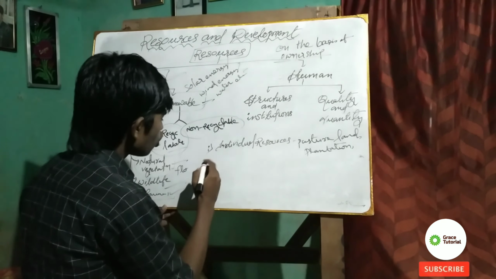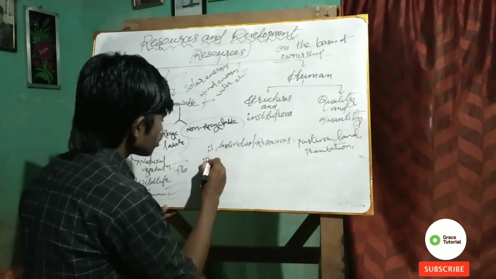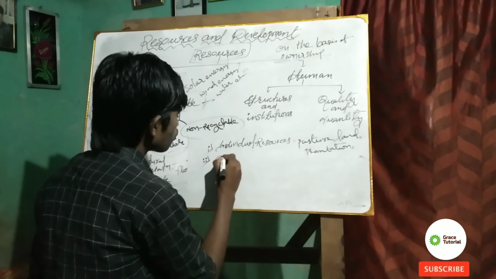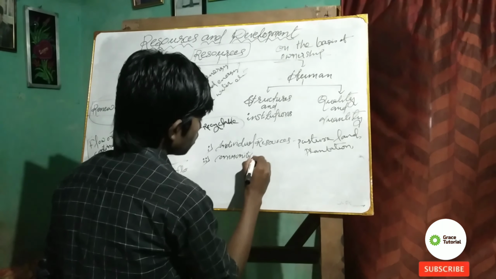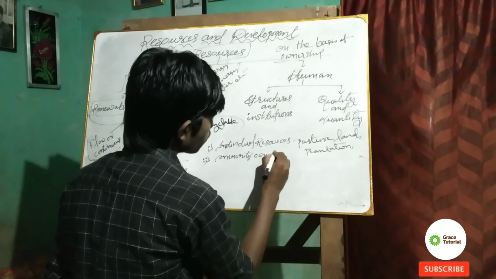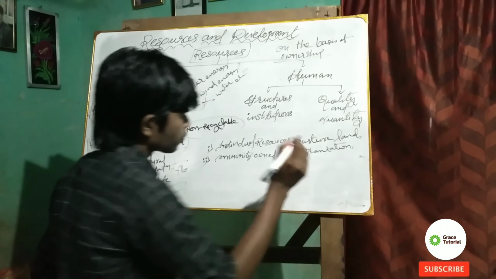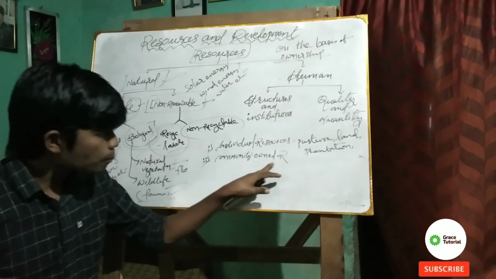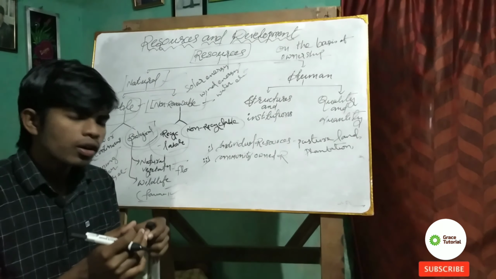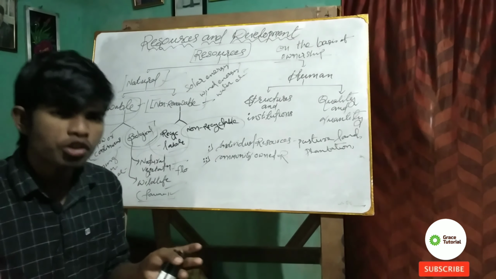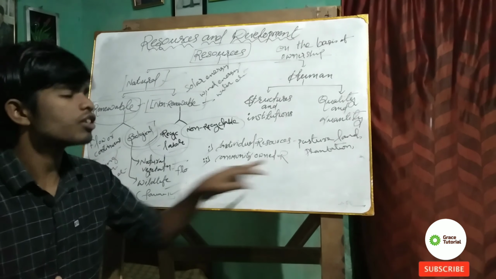And on the basis of ownership, we have another resource, that is community owned resource. So what do you mean by community owned resource? The resources which are accessible to all the members of the community are called the community owned resources.